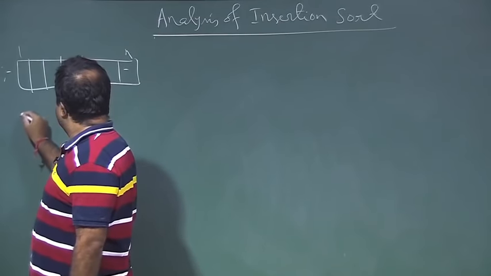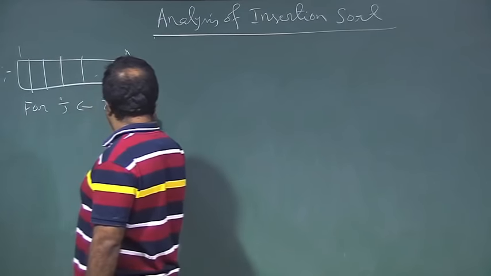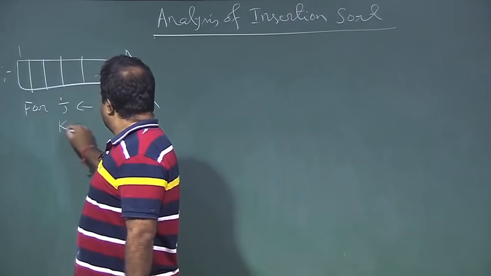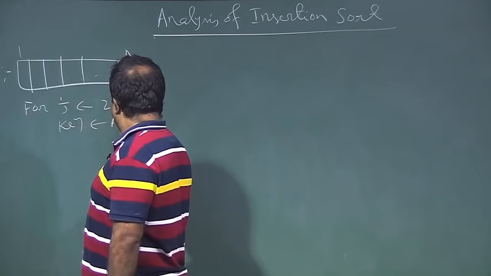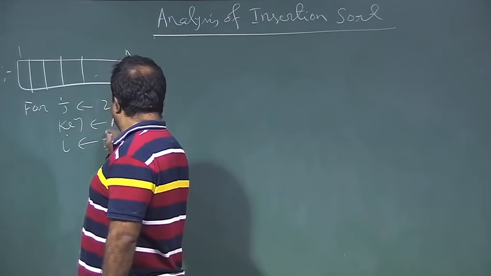So we have this code: for j equal to 2 to n, we put the key as A[j], and i points to j minus 1.